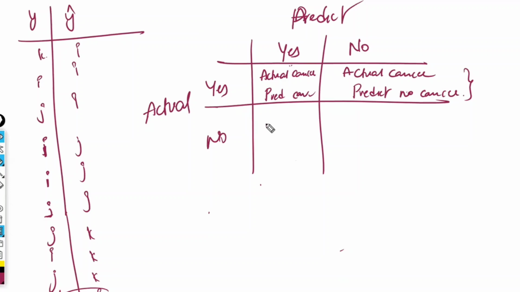Now, in this case, the actual is that the person has no cancer, and you have predicted cancer. And you have given the medicines. Cancer medicines will reduce the age. They are not like multivitamin tablets to improve immunity.